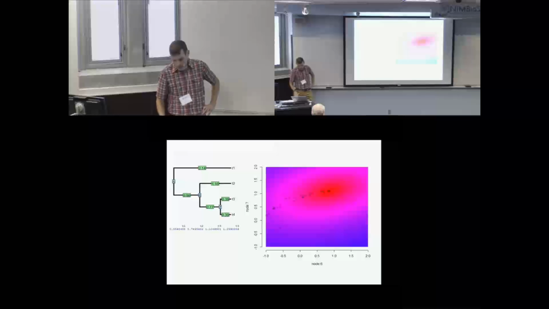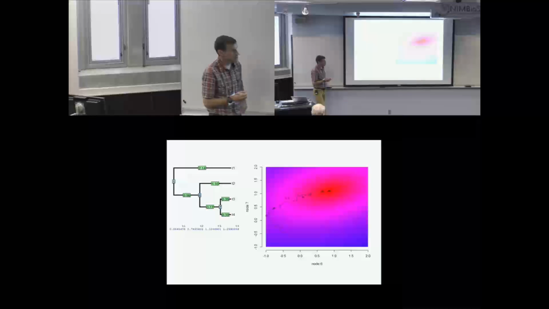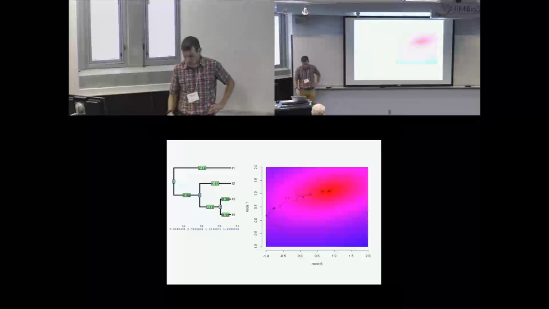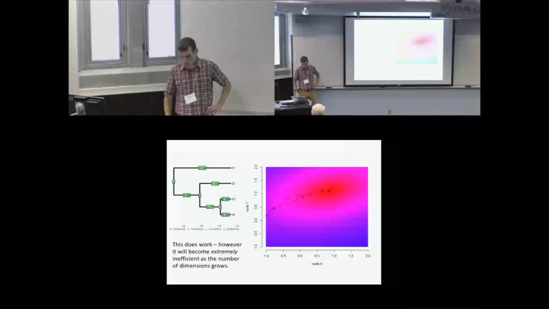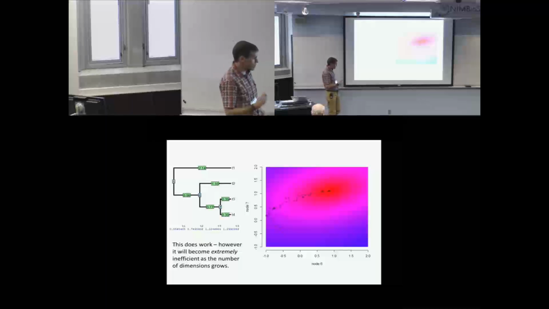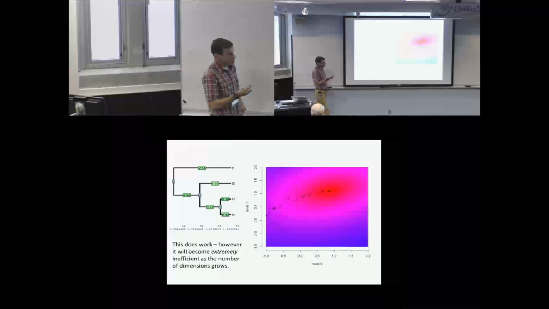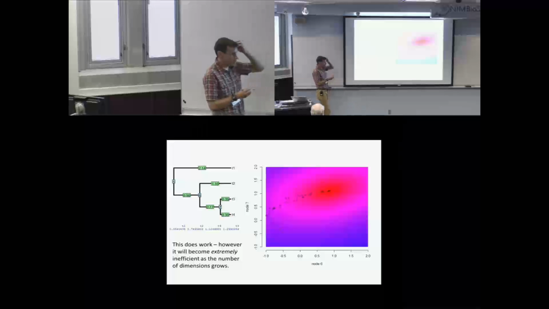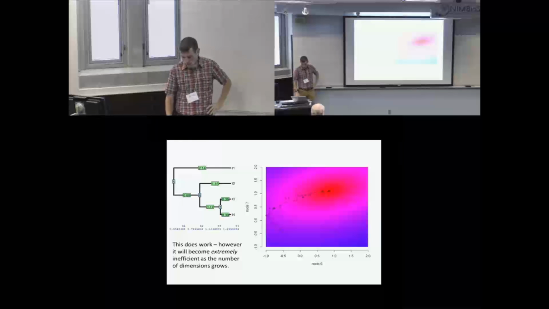So finding the maximum likelihood value might be as simple as navigating this surface until we find the peak of maximum likelihood. Of course, we can't just do it by randomly walking around. That would be incredibly inefficient if we had lots of different dimensions, but there are lots of numerical algorithms that can be leveraged to find the values that maximize this function across all the nodes in the phylogeny.